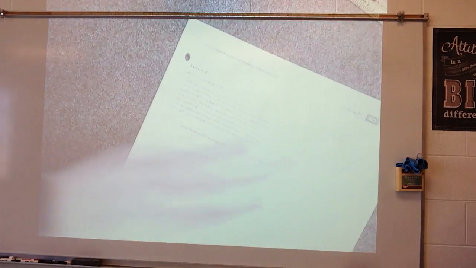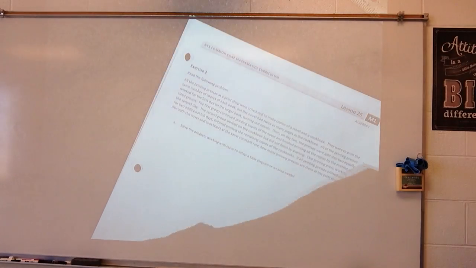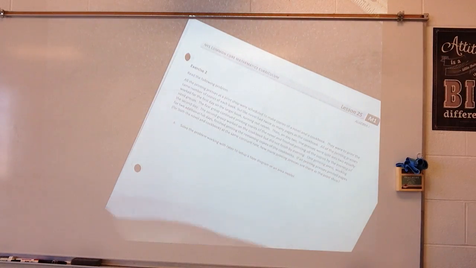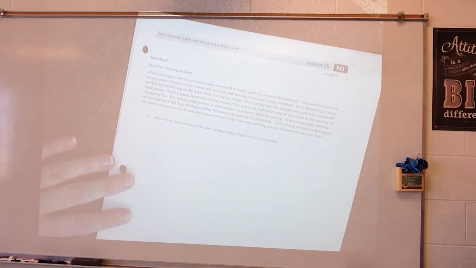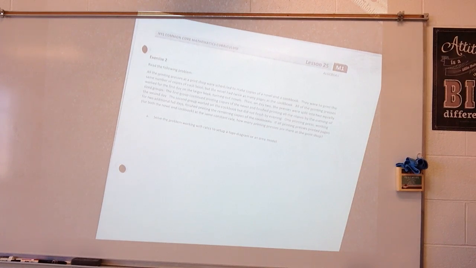Alright, let's look at number 2. Number 2 says, all the printing presses at the print shop were scheduled to make copies of a novel and a cookbook. They were to print the same number of copies of each book, but the novel had twice as many pages as the cookbook.